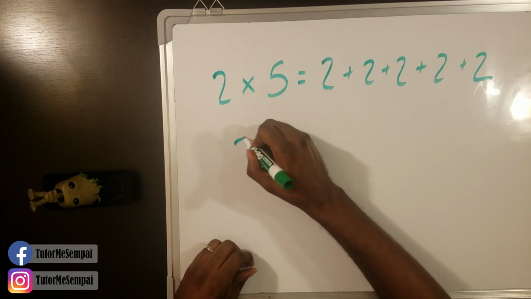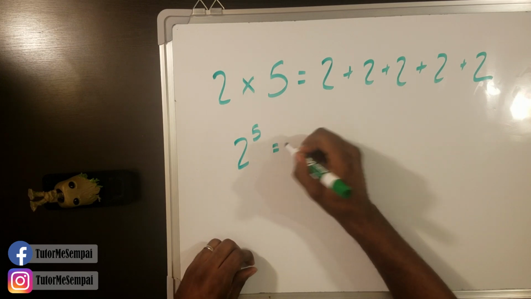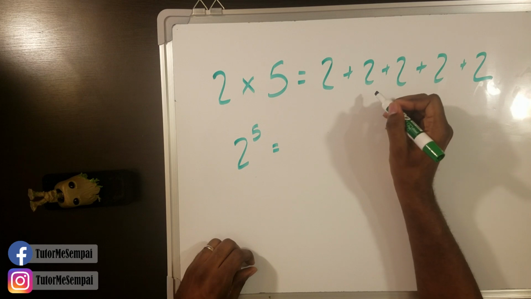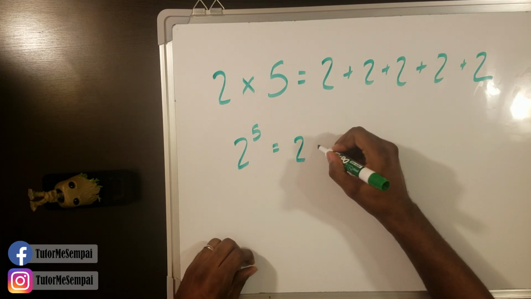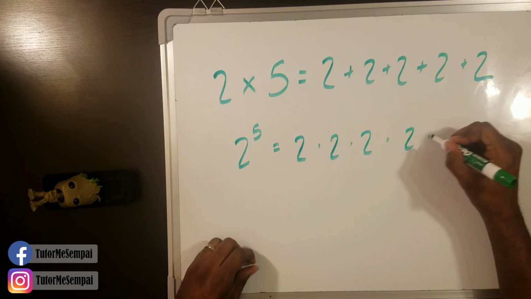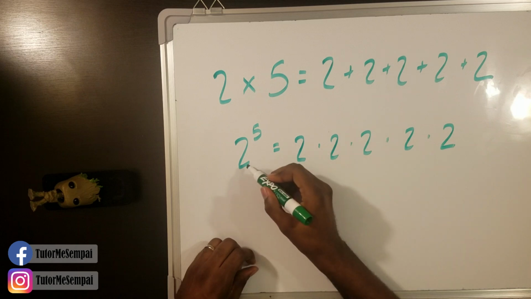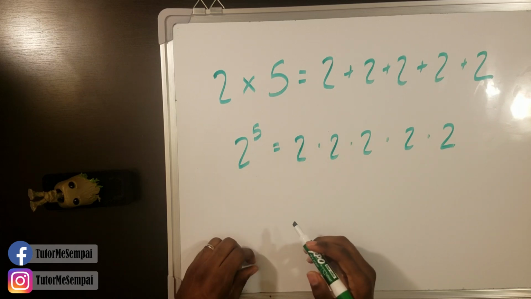Similarly, whenever you have exponents, such as this, it will be shorthand for not repeated addition, but repeated multiplication. So this means you're going to multiply 2, the base, this many times by itself.